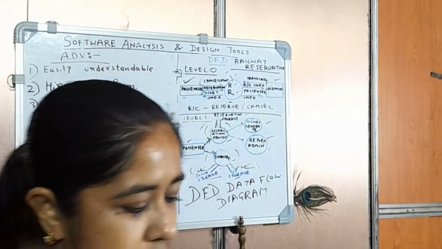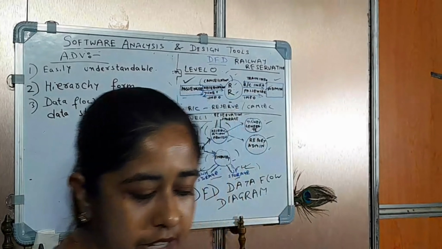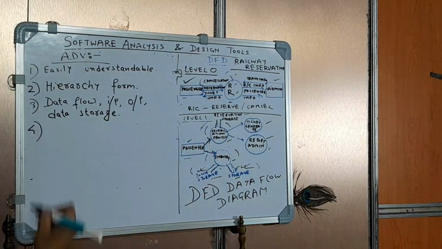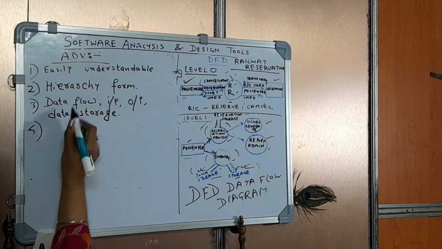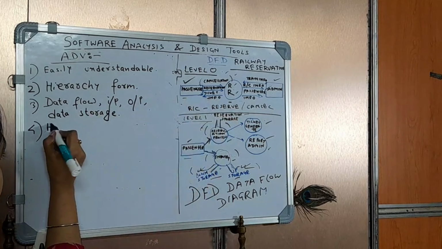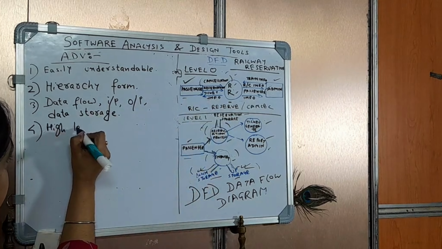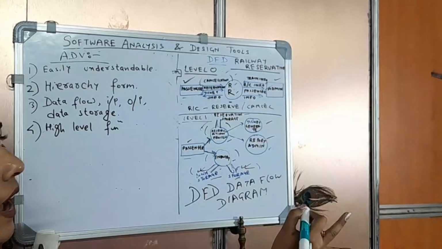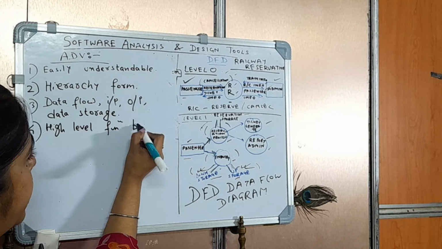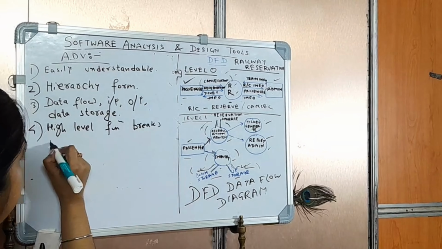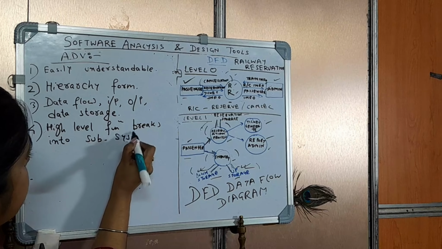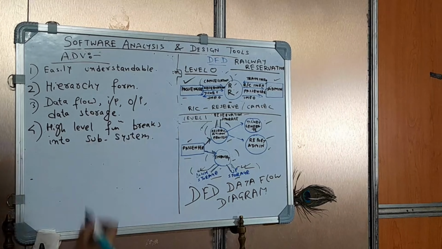Also, as we have already discussed, a high level function is broken down into subsystems, so that it is very easy to work with.